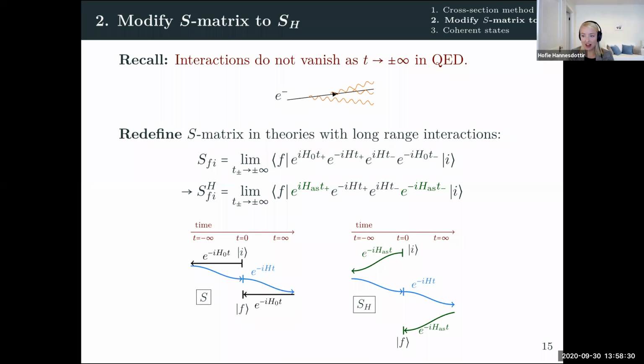So the cartoon we have now is that instead of starting with an initial state ket that evolves freely back to minus infinity, we can actually have something non-trivial happening in the evolution from time equals 0 to time equals minus infinity. And then we have evolution with the full Hamiltonian to plus infinity. And then when getting to the final state ket, we can again have some non-trivial asymptotic evolution.